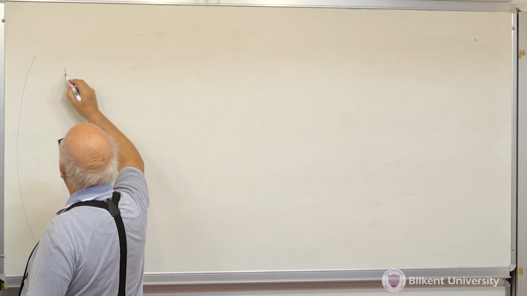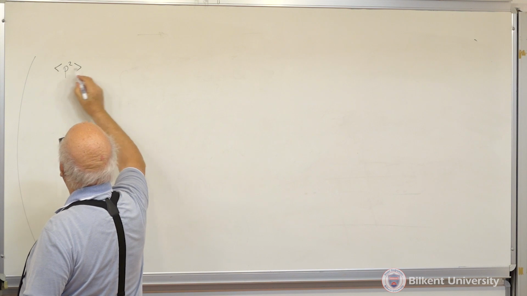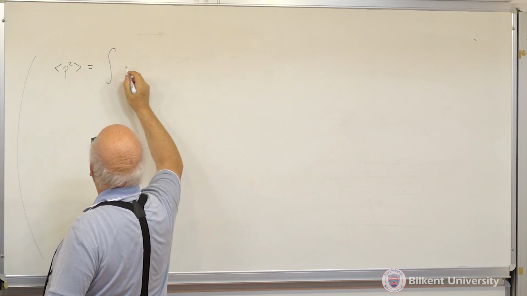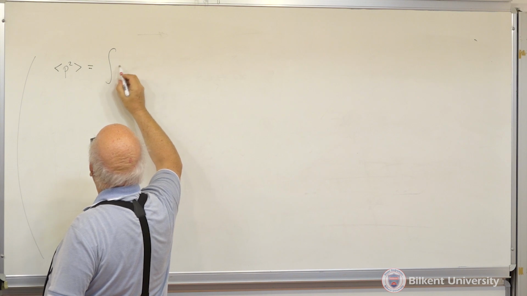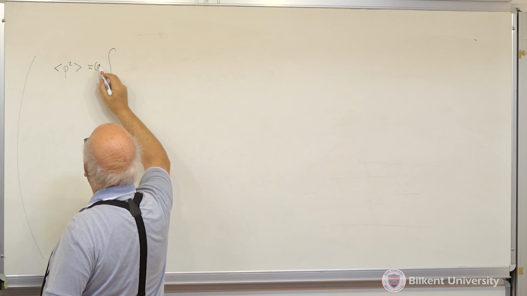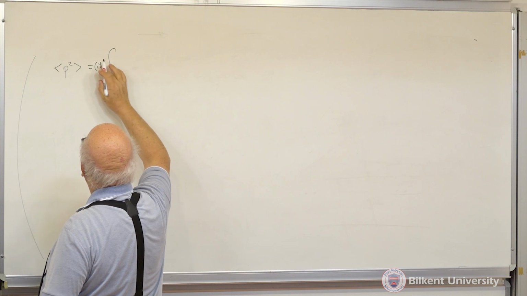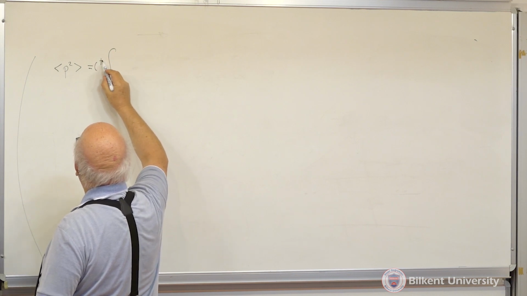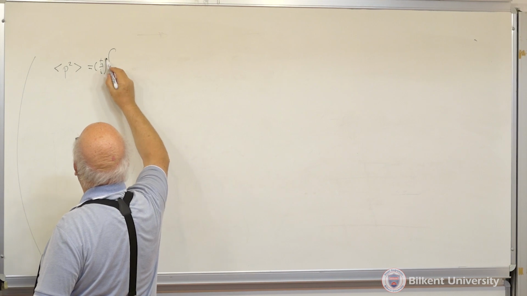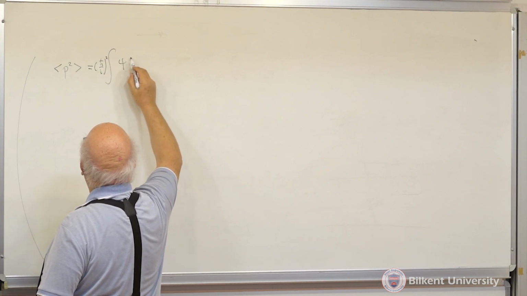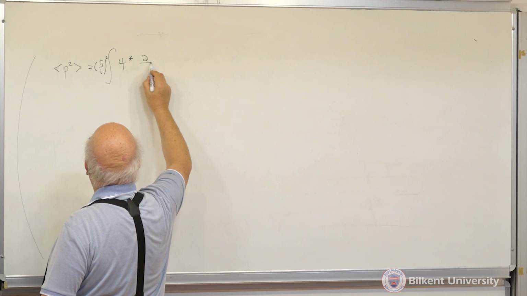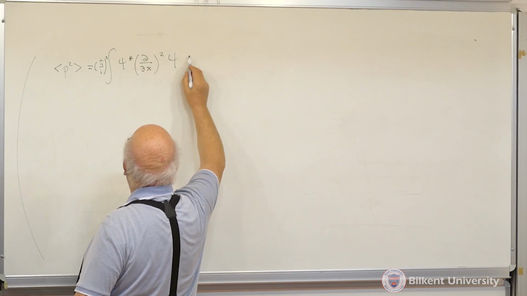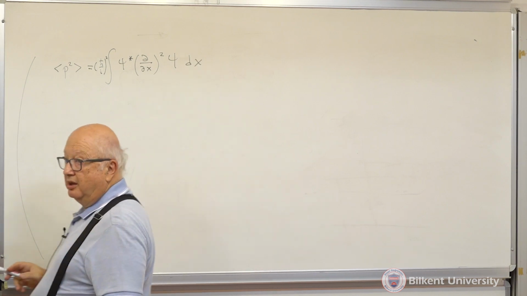Remember that we said p squared is equal to, let me pull out the h bar over i, sorry, the integral of psi star del x squared psi dx.